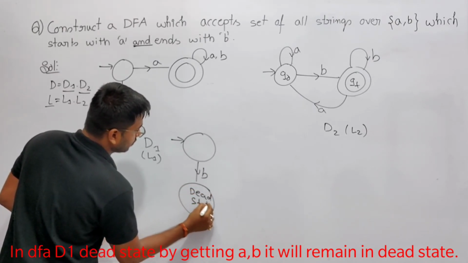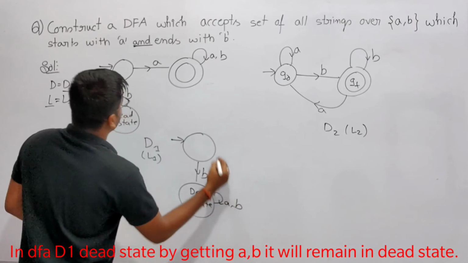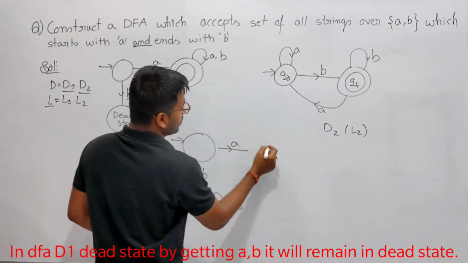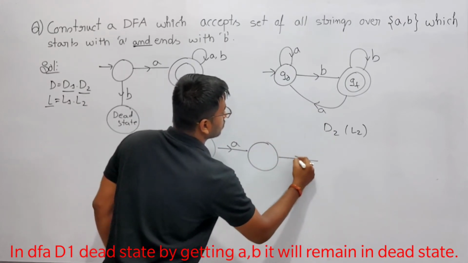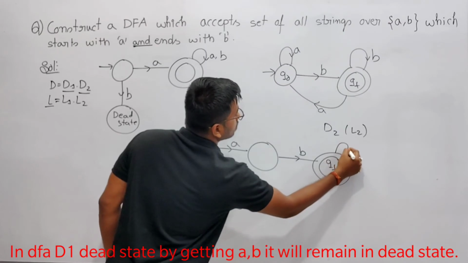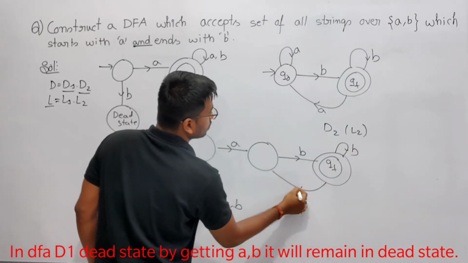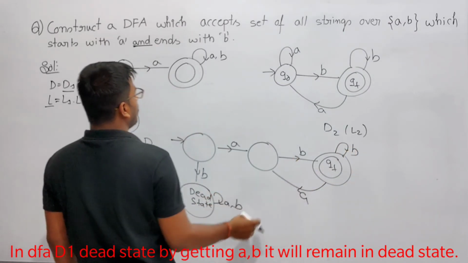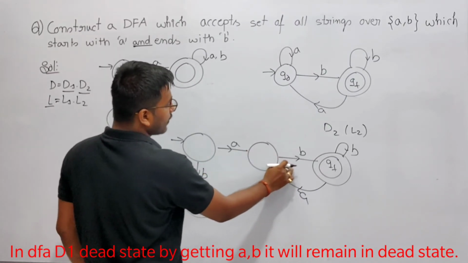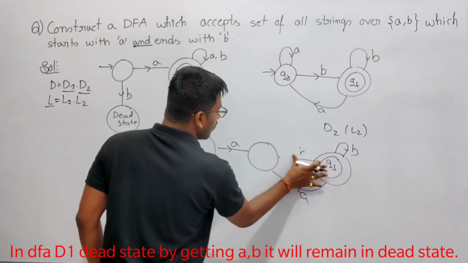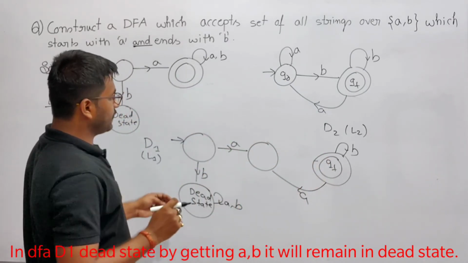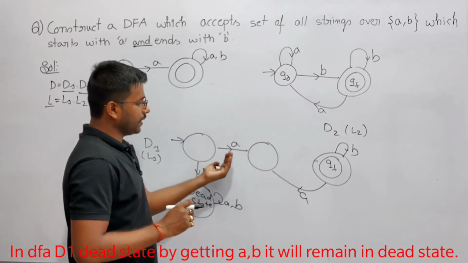Now see, this is going to remain the same, getting a. Now merge the final state of this with the initial state of this. We have to see which transition we should give in that state. It says it starts with a and ends with b. So after getting a, you reach here.